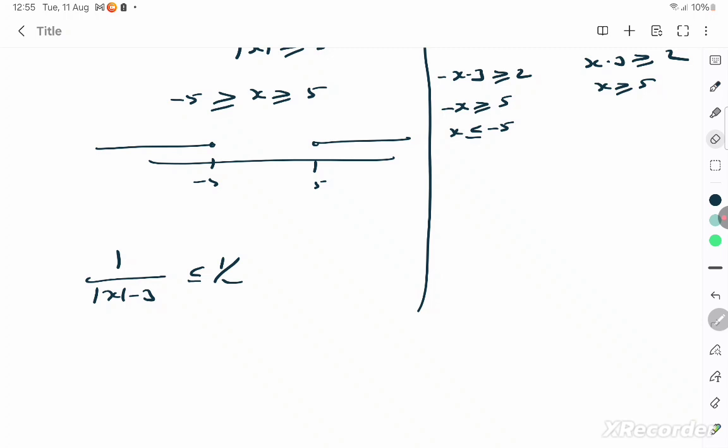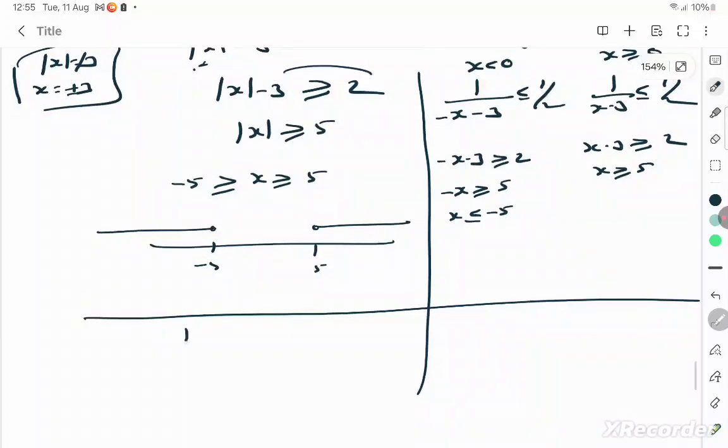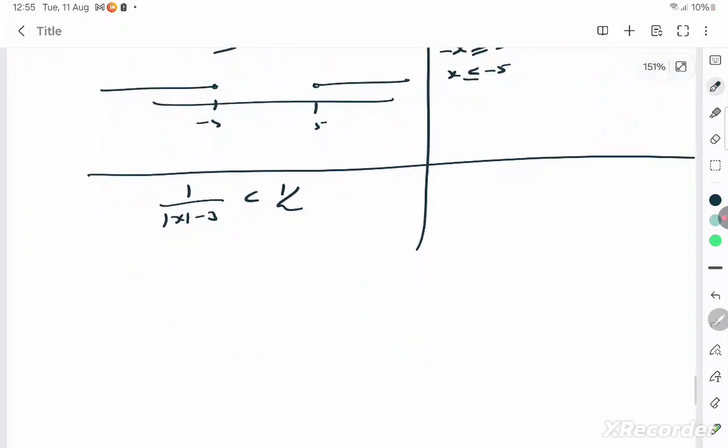Mod of x minus 3 is lesser than 0. Okay, so if you want to get a negative answer, let's see another method, because this can have a negative answer. 1 by mod of x minus 3 is lesser than 1 by 2 means you can have minus 1 by 4, many minus 22. You can have many negative answers, correct? So for it to be negative, the denominator should be lesser than 0 because 1 is already positive.